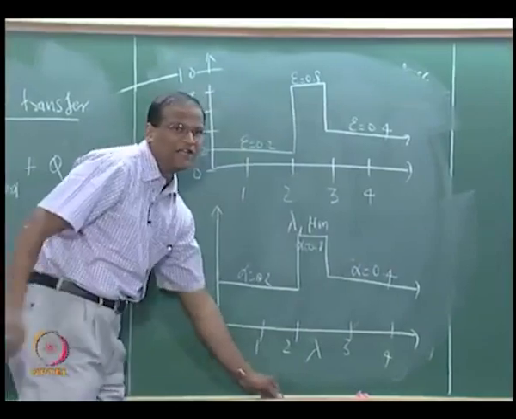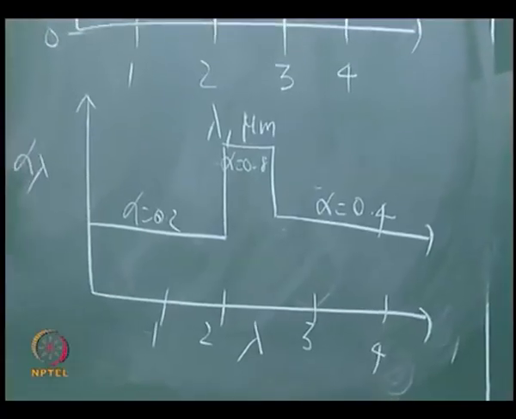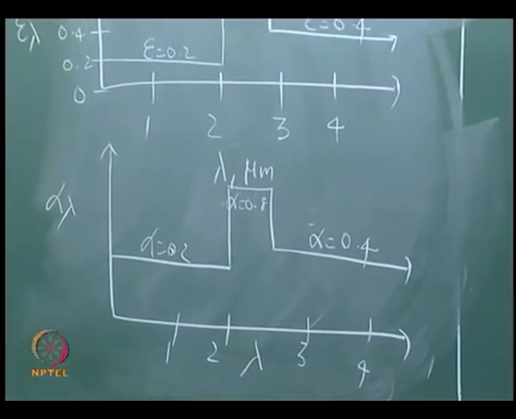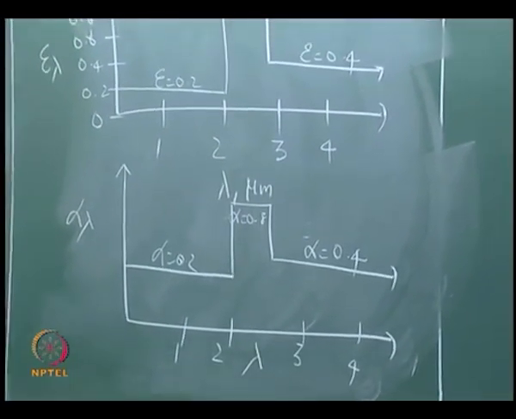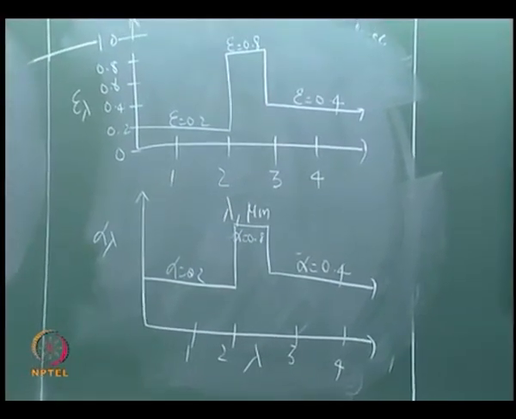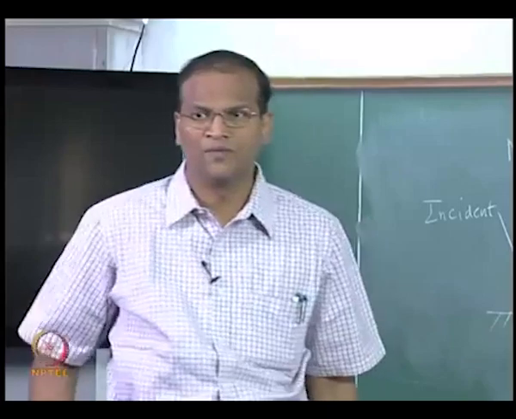What about for reflectivity? Very good. 1 minus this, that is all, you understood this. Now I do not even have to define alpha lambda for you, but for the sake of completeness we will do this. So if I give you the emissivity distribution, you are able to manipulate and get all the other distributions.